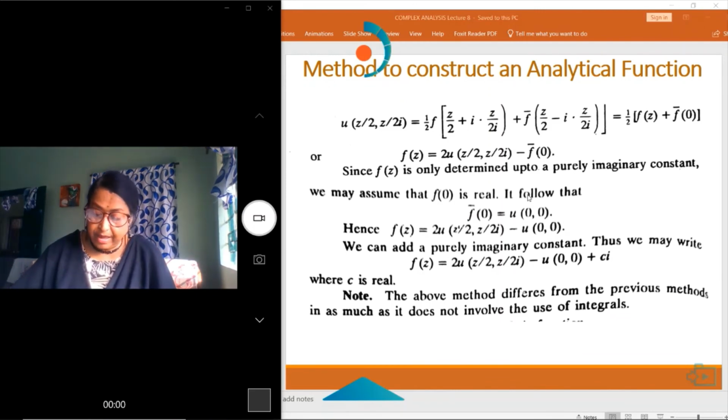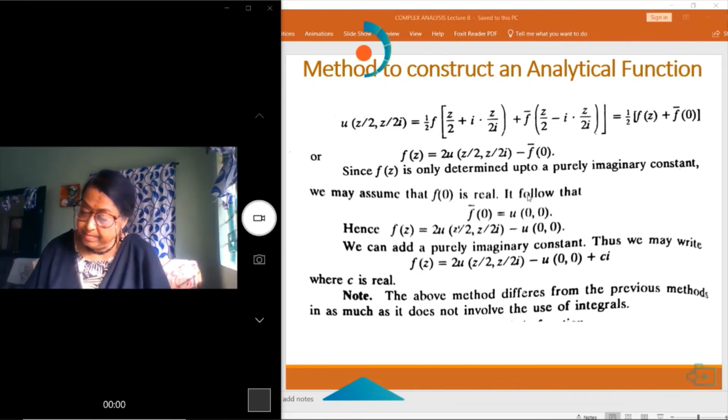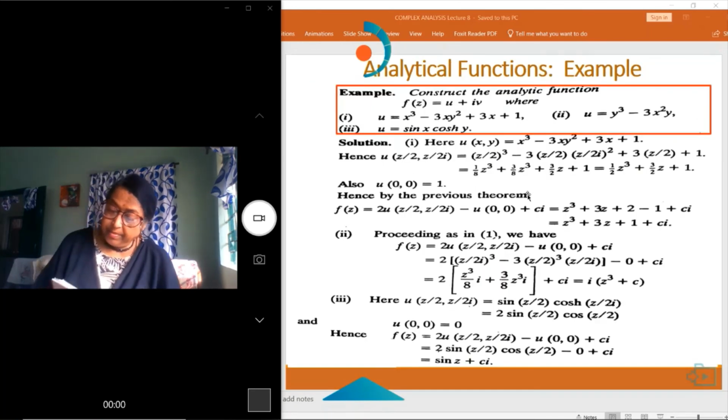Now, another example. Consider an analytic function f(z) = u + iv, where u(x,y) = x³ − 3xy² + 3x + 1.